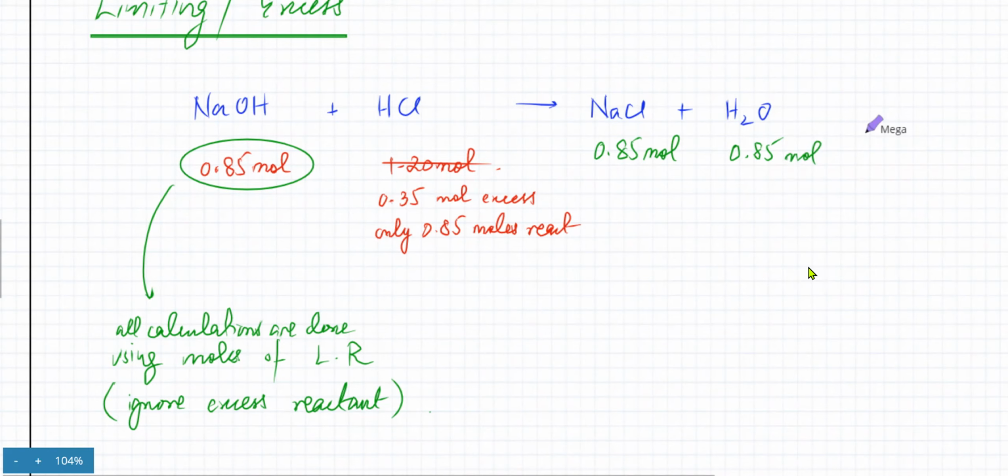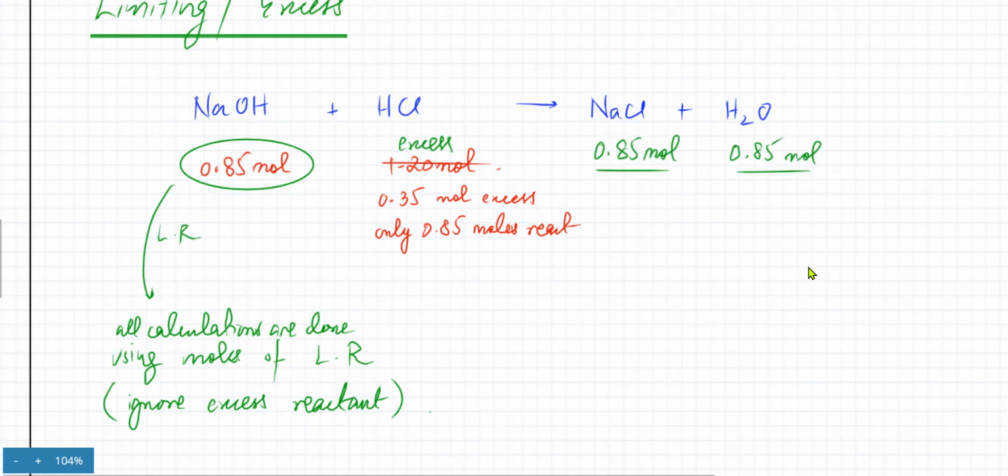So remember this, that the product moles would be derived from the limiting reactant, not the one that's in excess. So this is known as your limiting reactant, and this is the one that's known to be in excess. Try doing another question.